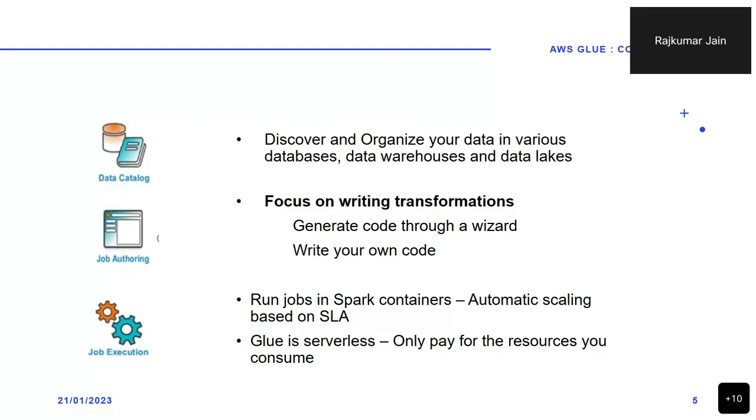These jobs can be Spark containers which auto-scale based on the SLA. As I said, Glue is serverless, so you pay only for the resources you have consumed during the operation.